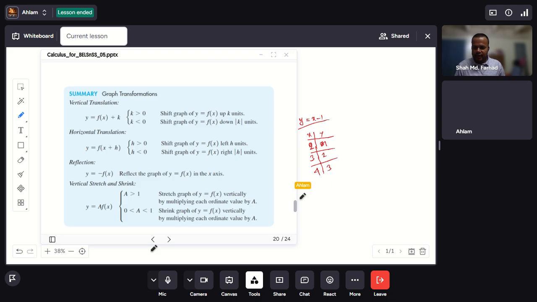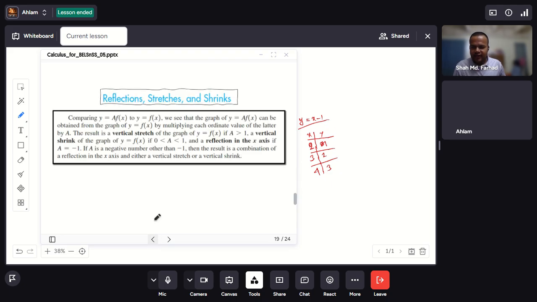Today basically, that is the reflection. That is stretches, how the function stretches or shrinks. And also reflections. If we put f of x equals x square, then we have this type of graph.